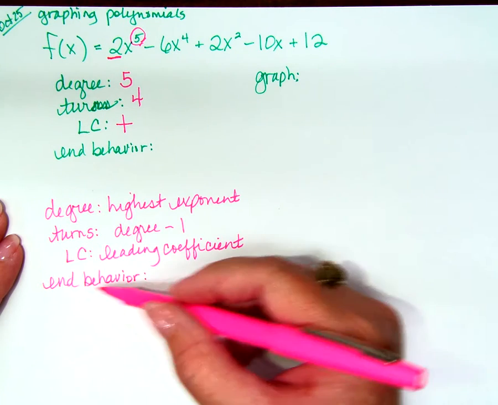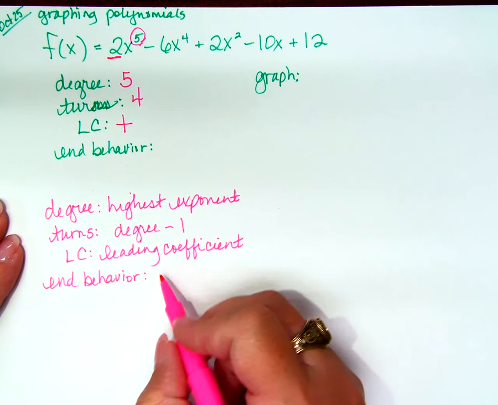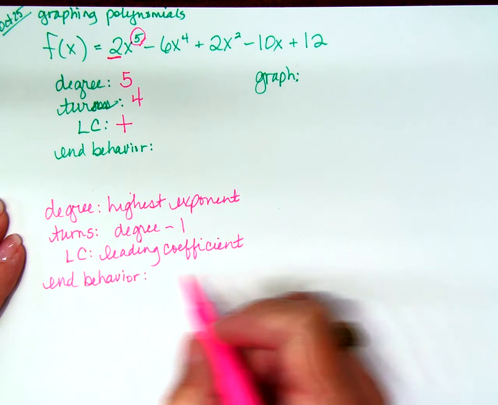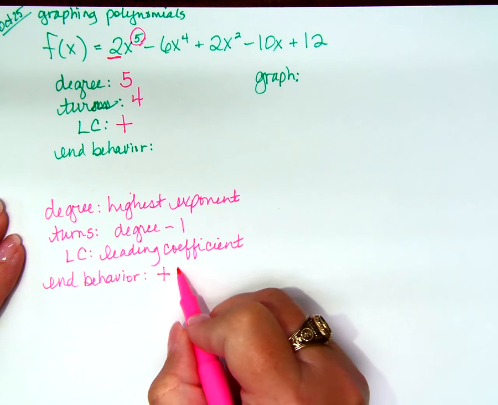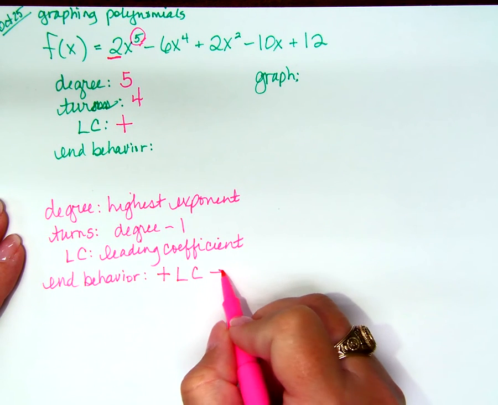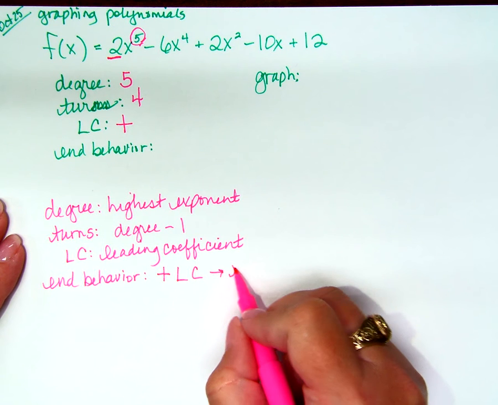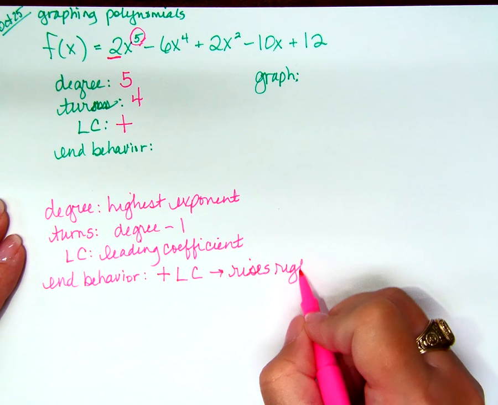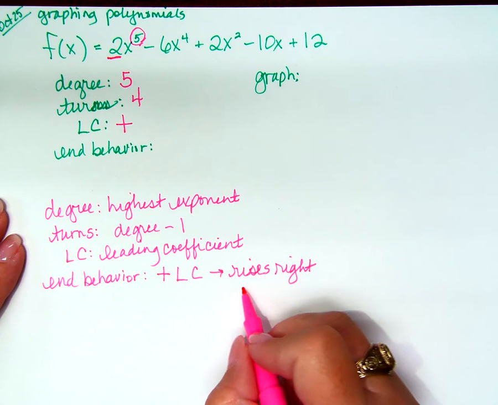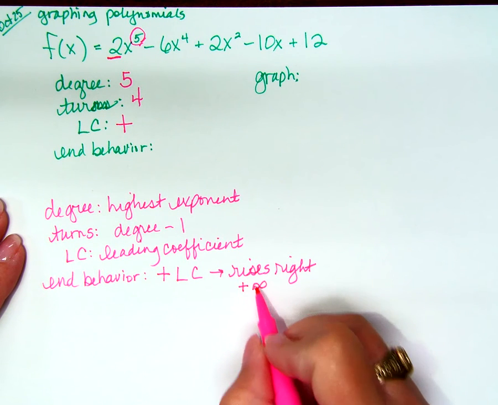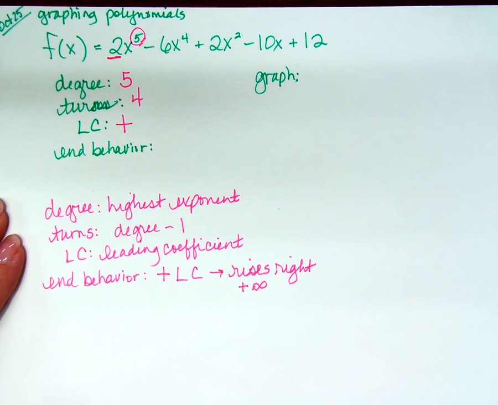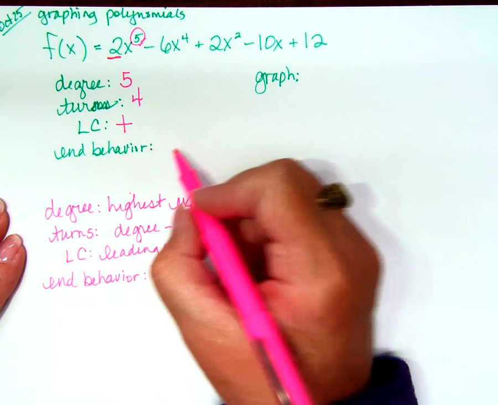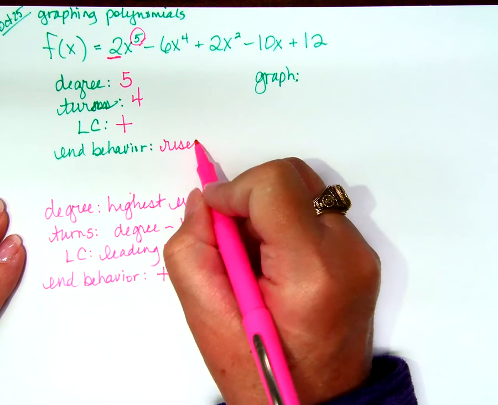When my leading coefficient is positive, I automatically know that this rises to the right, or to positive infinity. So I can look right here and know if my leading coefficient is positive, then it rises right. So I can go ahead and write that. It rises right.